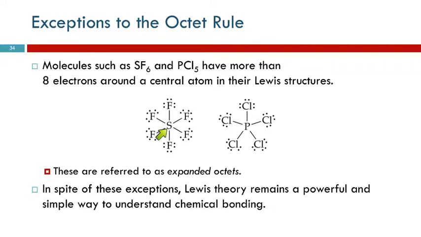But here, the sulfur has 2, 4, 6, 8, 10, 12 electrons, and the phosphorus here has 10 valence electrons. And these are real compounds, and that is how they are put together. Well, silicon, phosphorus, sulfur, chlorine, they can all do expanded octets, and anything bigger, like selenium, bromine, iodine. But you're never going to see an expanded octet for carbon, nitrogen, oxygen, or fluorine.